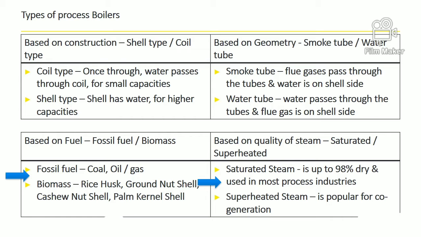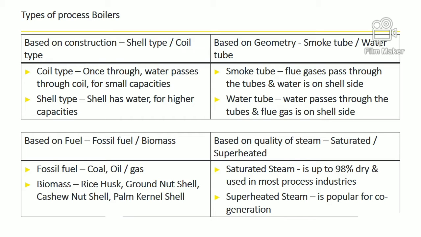Based on fuel used, these are fossil fuel boilers using conventional fuel like coal, oil or gas, and biomass boilers which use promising alternate fuels like rice husk, groundnut shell, cashew nut shell, palm kernel shell, and so on.